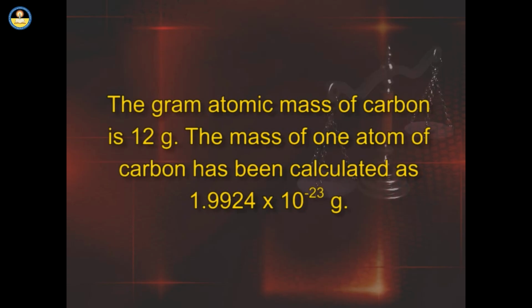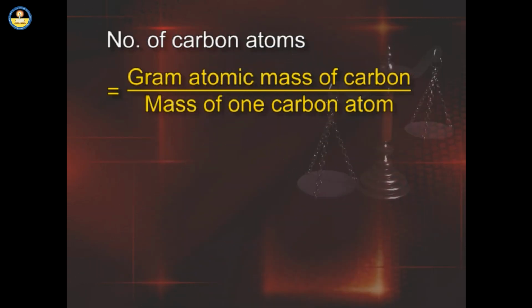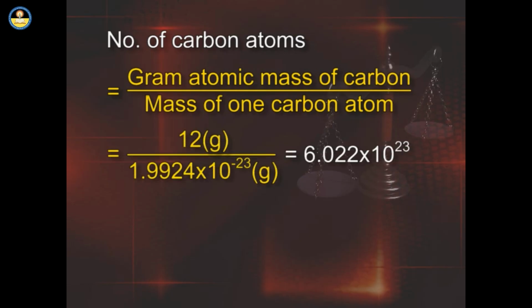The number of carbon atoms in 12 grams of carbon can be calculated as number of carbon atoms equal to gram atomic mass of carbon divided by mass of one carbon atom, which is equal to 12 divided by 1.9924 multiplied by 10 to the power minus 23, which is equal to 6.022 multiplied by 10 to the power 23.